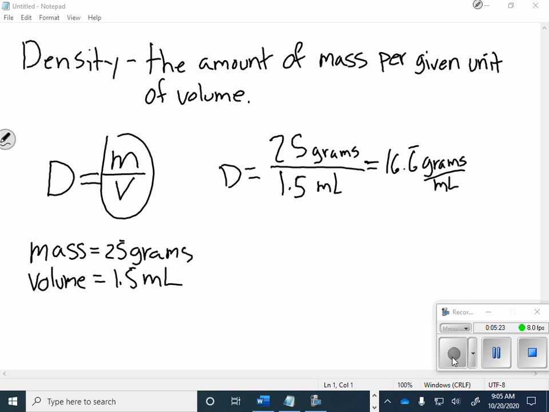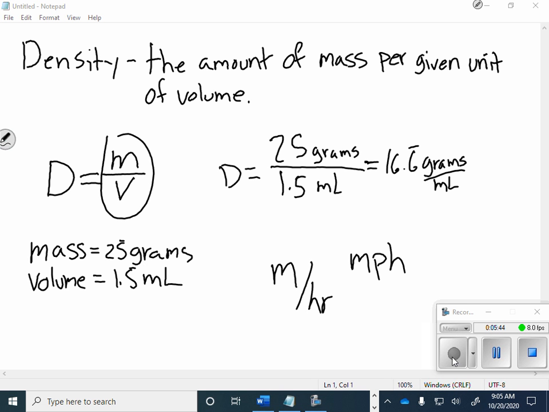Everyone familiar with what this is? Or maybe if I write it like this. Miles per hour.